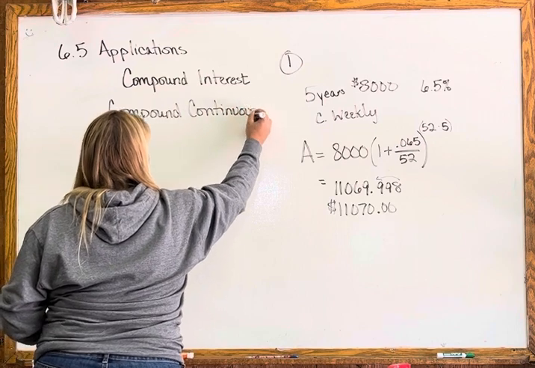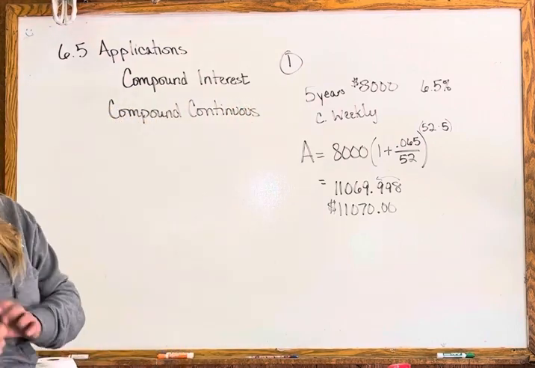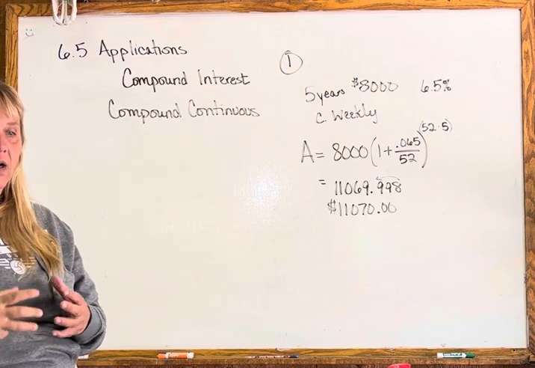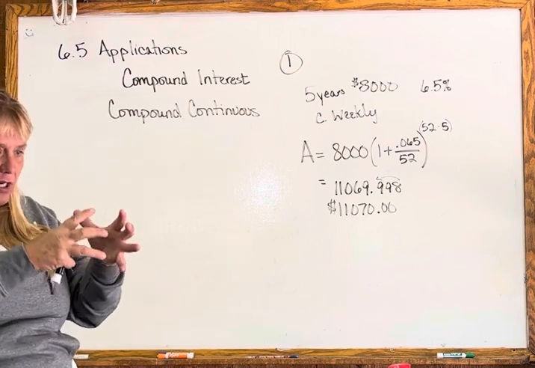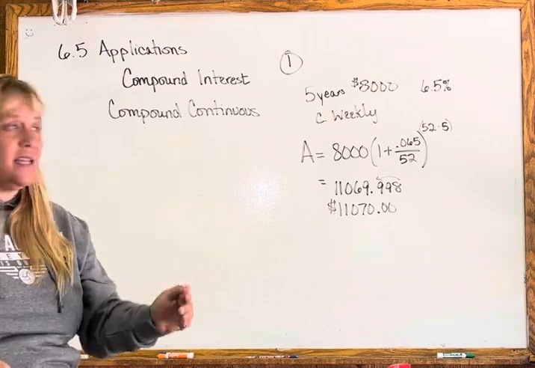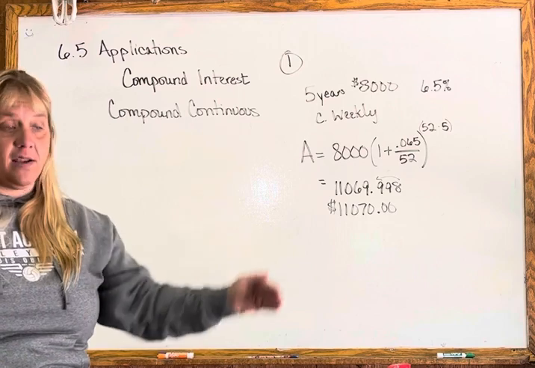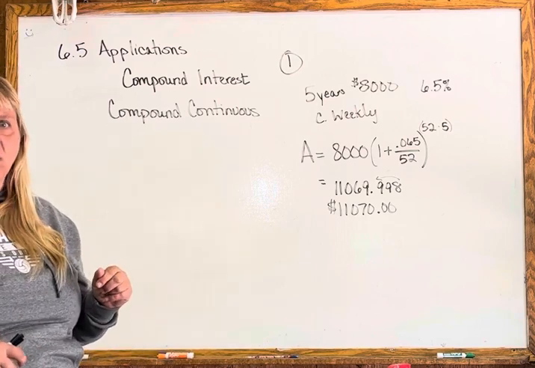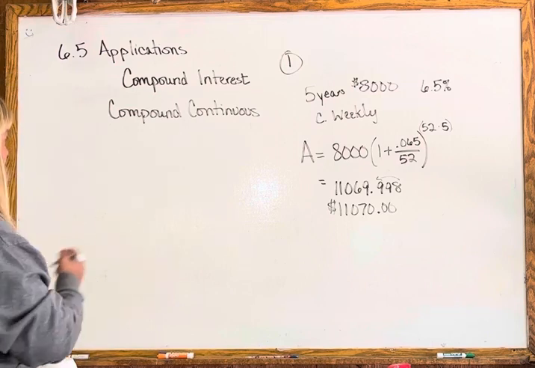And what compound continuous means, continuously compounding, means that your money grows all the time. It's in there and it's growing and it's growing and it's growing. You don't have to wait till the end of the week or the end of the day or the end of the month. It's always growing. So that's ideal. You want it to be always, always growing.